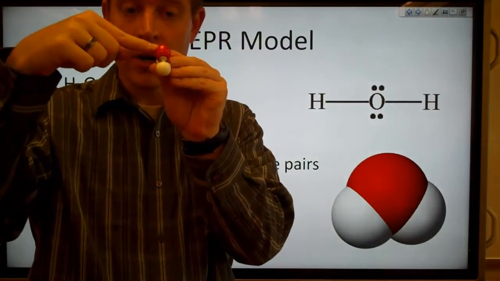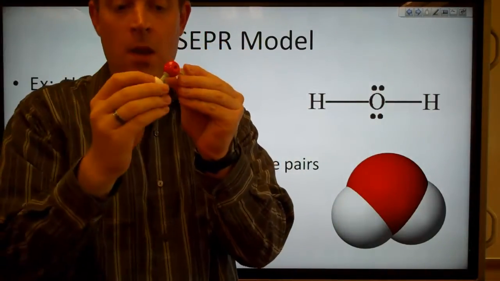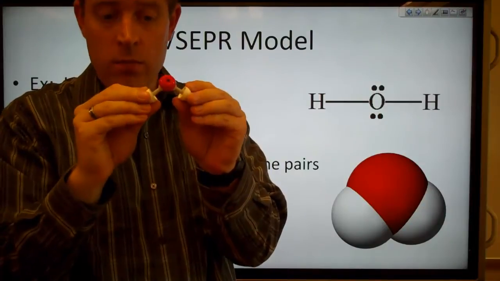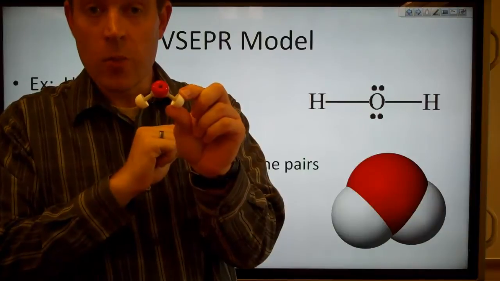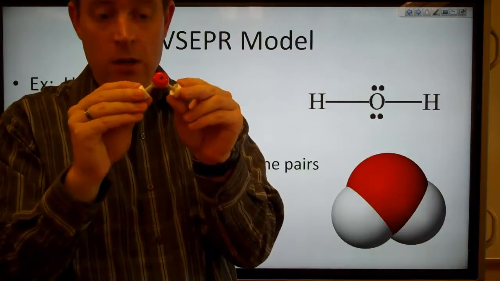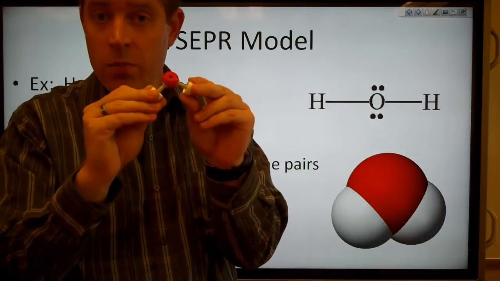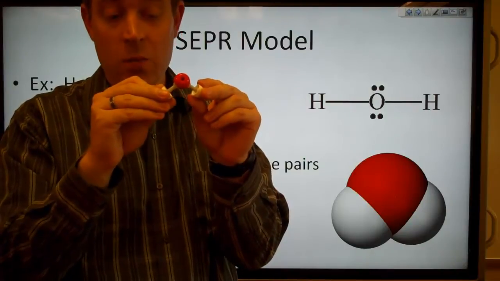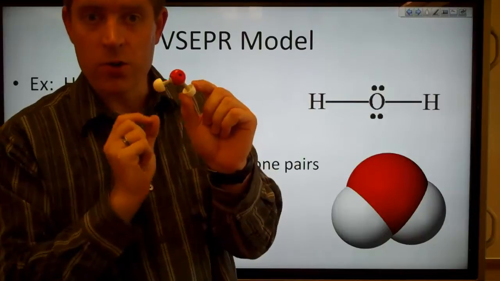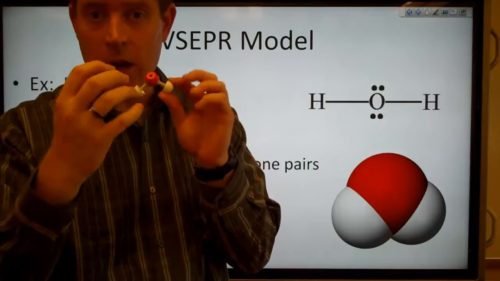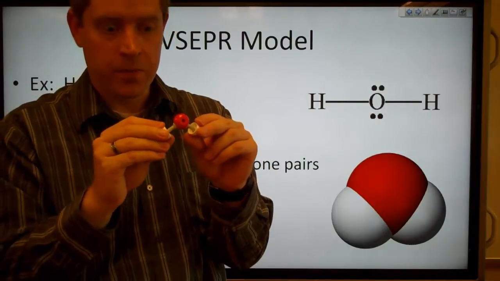There should be 1 lone pair here and 1 lone pair there. But I don't have them displayed here. But they do cause these 2 bonding pairs to be roughly 109.5 degrees in water. It's actually more like 104.5 degrees because these guys actually get slightly closer together because those 2 lone pairs repel each other quite a bit.